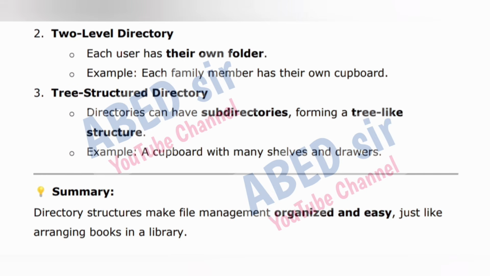Example, each family member has their own cupboard. 3. Tree-structured directory. Directories can have subdirectories, forming a tree-like structure. Example, a cupboard with many shelves and drawers. Summary: directory structures make file management organized and easy, just like arranging books in a library.